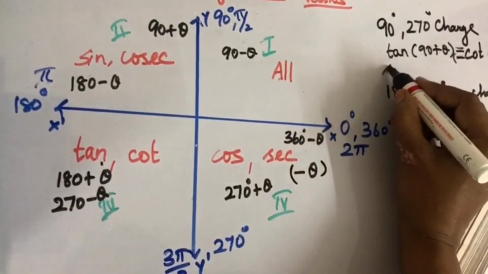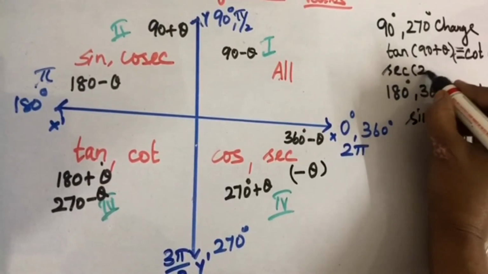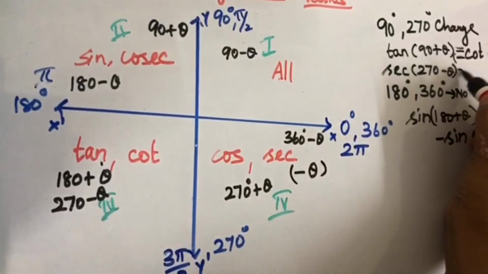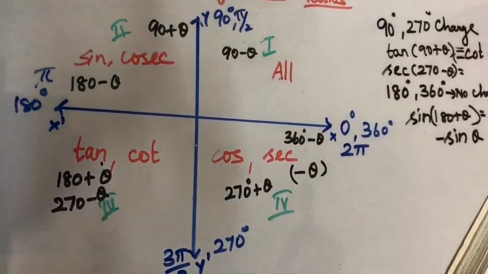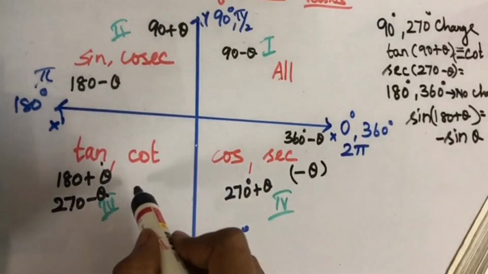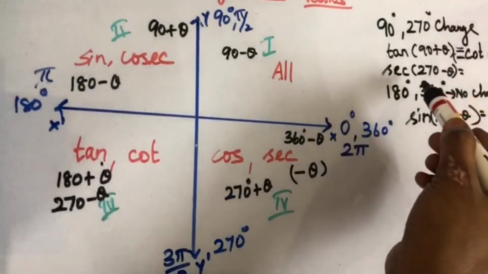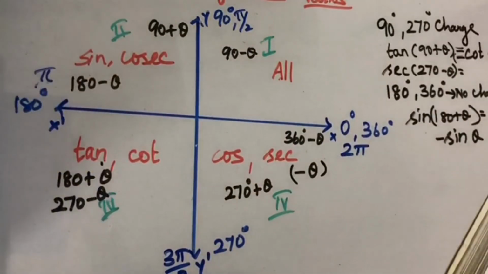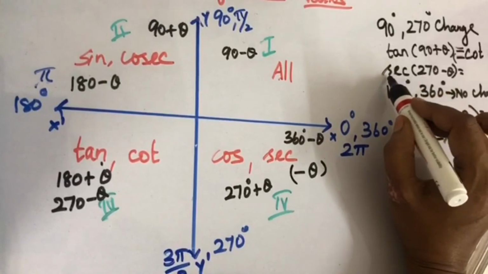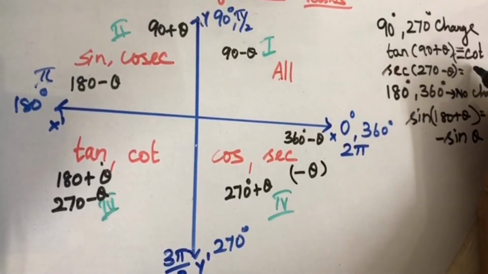Similarly, secant 270 minus theta. It comes in the third quadrant, but for 270 the ratio changes. So for 90 and 270 there is a change, so secant will change to cosecant theta.